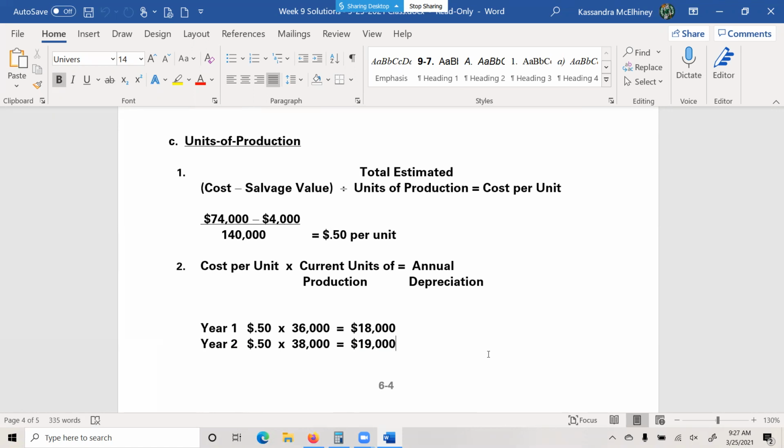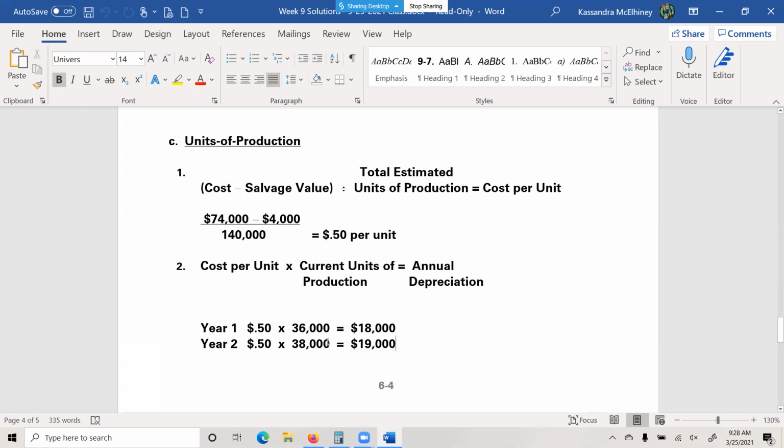The main catch is doing the estimation of how many units you believe the equipment will be able to produce. That's where it gets a little sticky. And these are just estimates, regardless of method used.